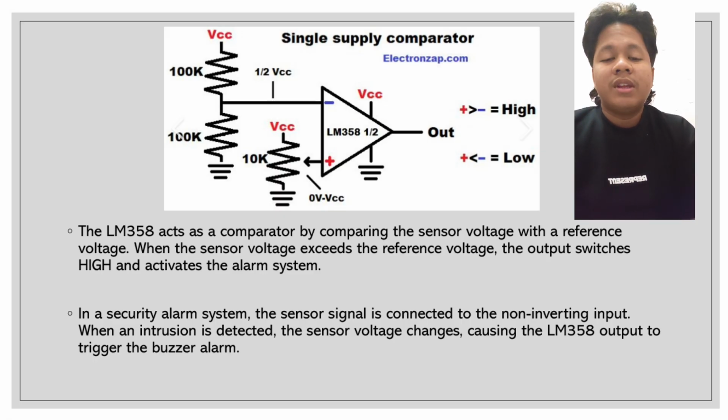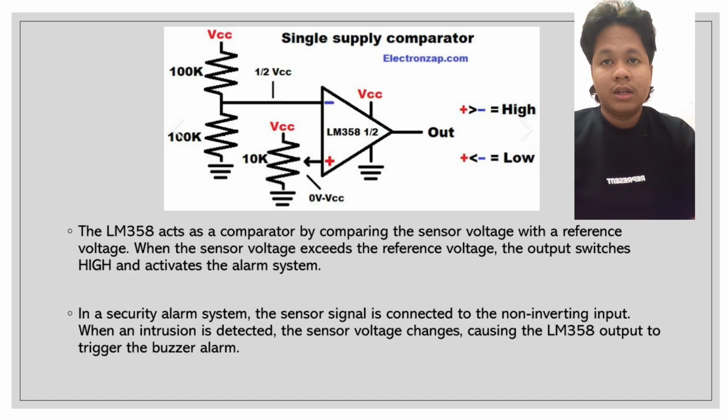The LM358 operational amplifier plays an important role in this system. It acts as a comparator that continuously compares two voltage levels. The first voltage comes from the sensor, while the second voltage is a predefined reference voltage. When the sensor voltage becomes higher than the reference voltage, the LM358 changes its output state.